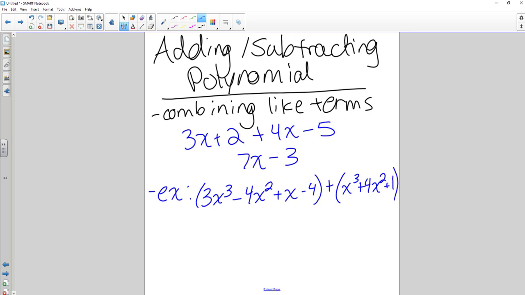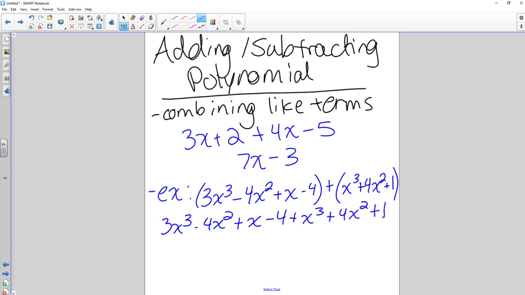So a lot of times parentheses are used to emphasize the first polynomial in the first set of parentheses, then the next polynomial. But with addition, I can really just drop the parentheses. I don't need them. Start combining. I mean, if I want to rewrite it without the parentheses, we can. But this step could possibly be skipped.